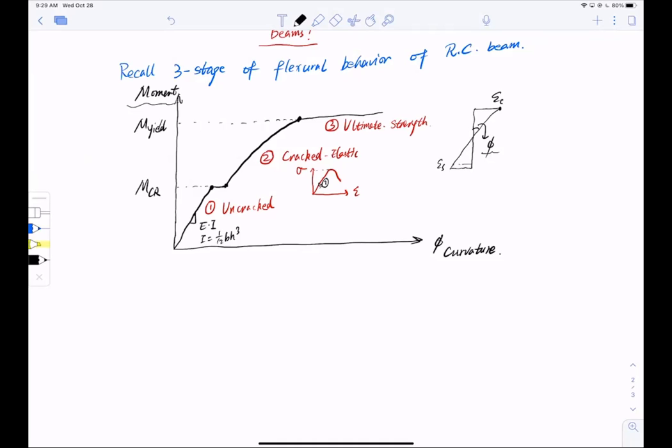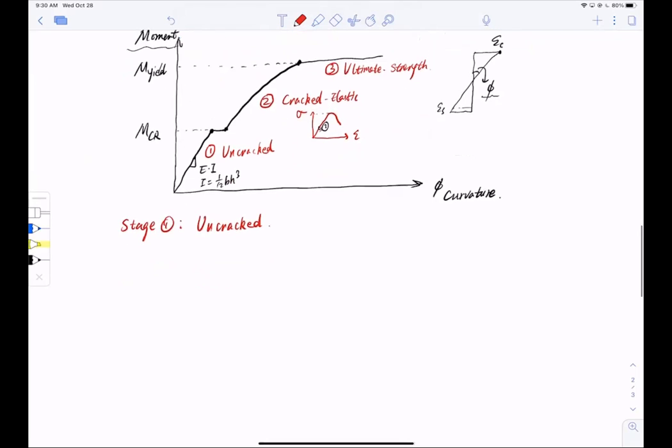Let's just name them. Stage 1, we call it uncracked. When I say uncracked, that means my cross section remains intact. And when I calculate moment of inertia, IG equal to 1/12 BH cubed, where this is B and this is H. So when I calculate deflection, I use the whole moment of inertia.